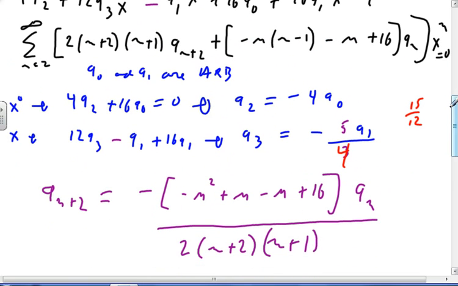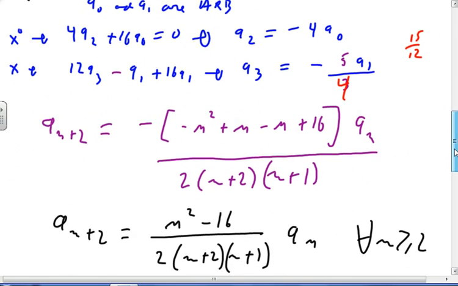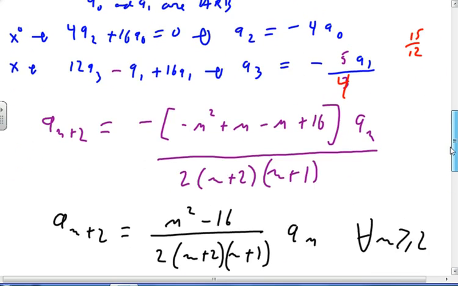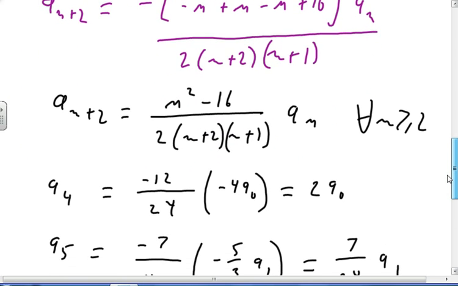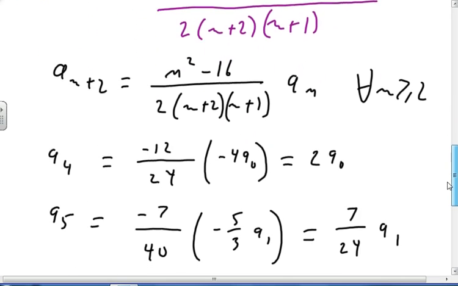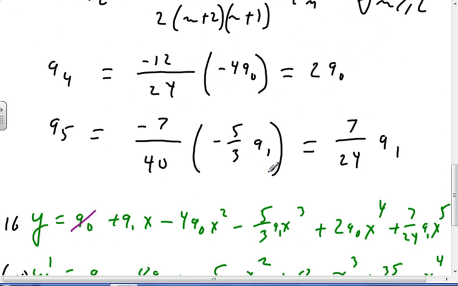Okay, let's see if we have another problem. Minus these guys. Okay, so that's a minus n squared plus n minus n plus 16. We turn it around. Okay, so that looks good. So everything looks good except a3. So the first time I use a3 is there. So this is a 4.